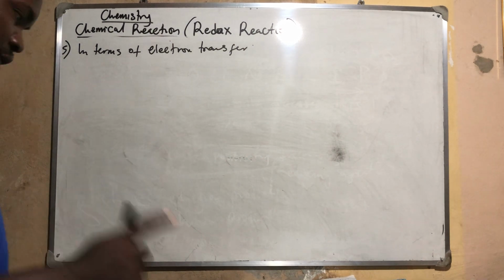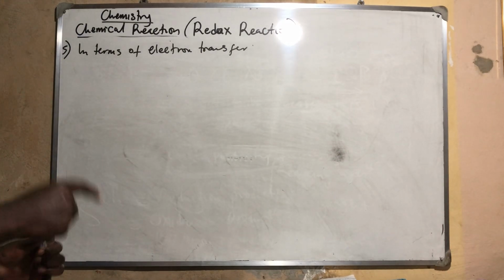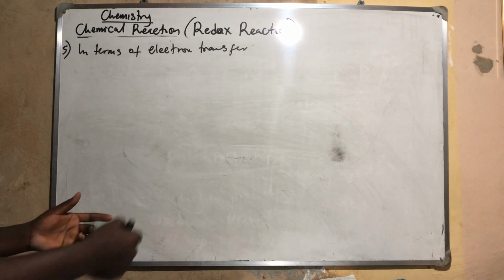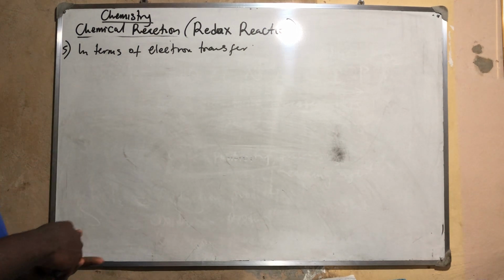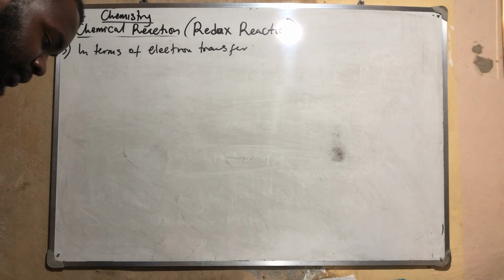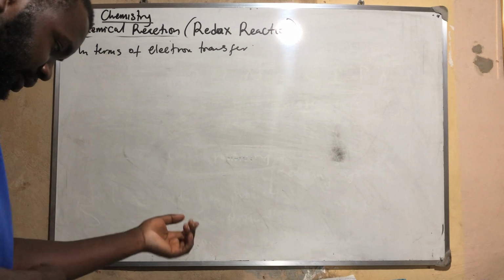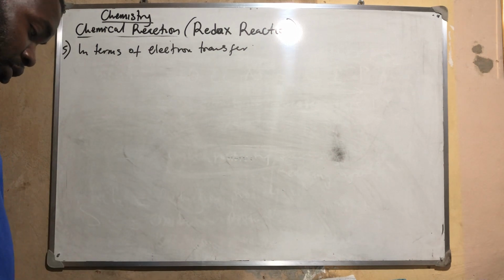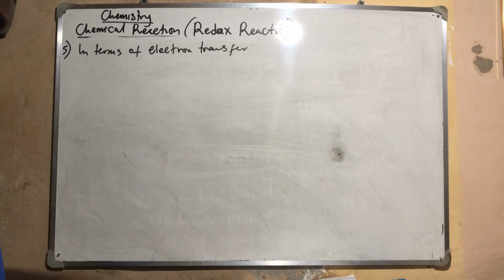In fact, you know that loss of electron shows metal. So oxidized species are metals, while reduced species are non-metals. You need to take very note of that. So what did I say? Oxidation is defined as loss of electron, while reduction is gain of electron.